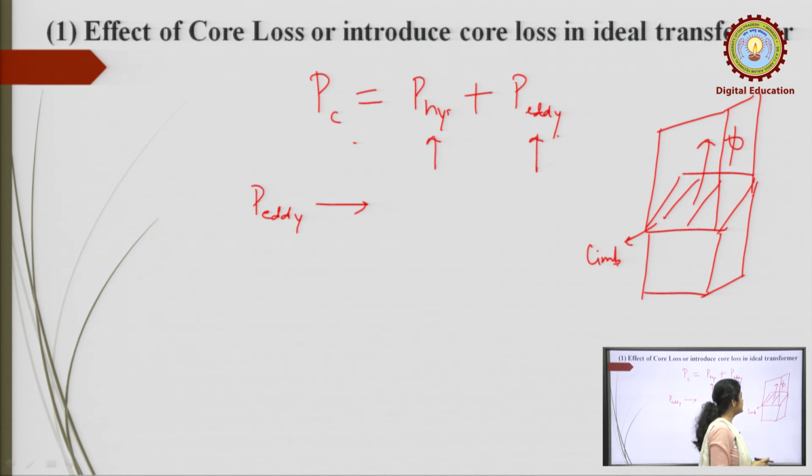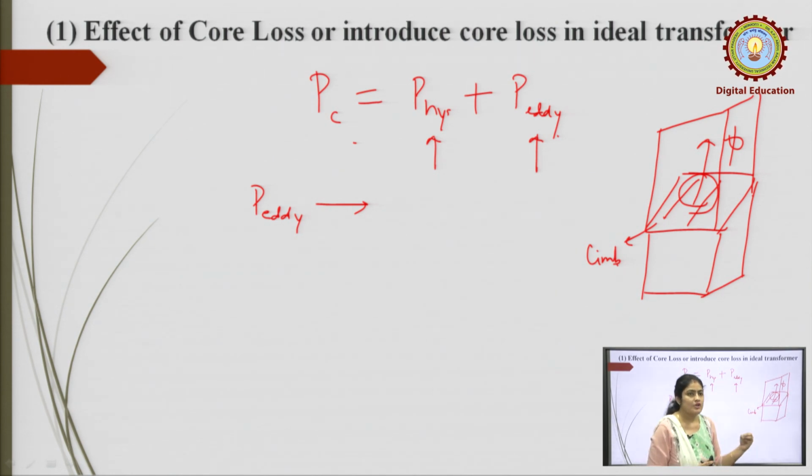This is the changing flux, so it experiences a closed path near the flux. These are the eddy currents flowing in the material of the core. Obviously if there is a ferromagnetic material, there must be eddy current losses. To minimize these losses, we use the laminated core.